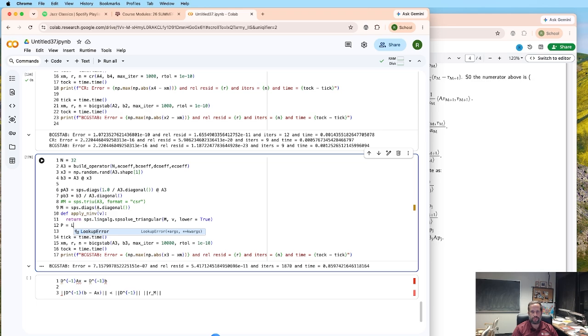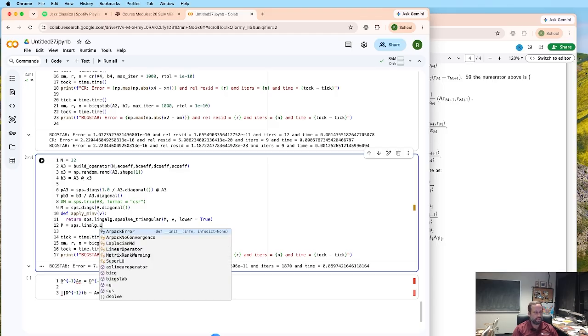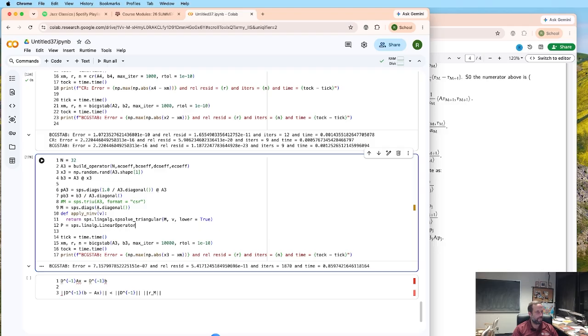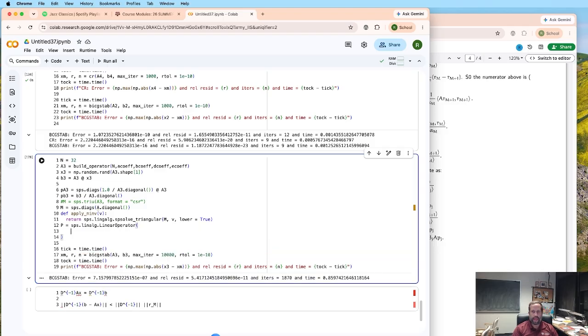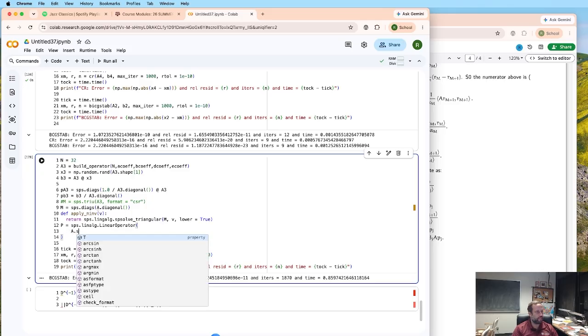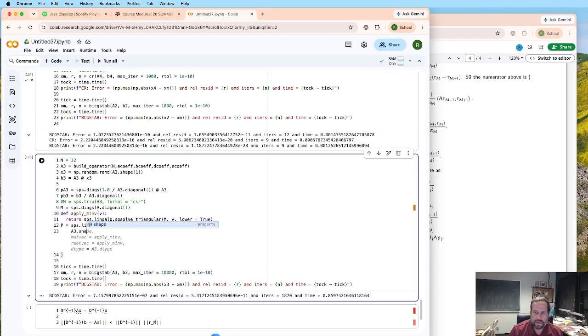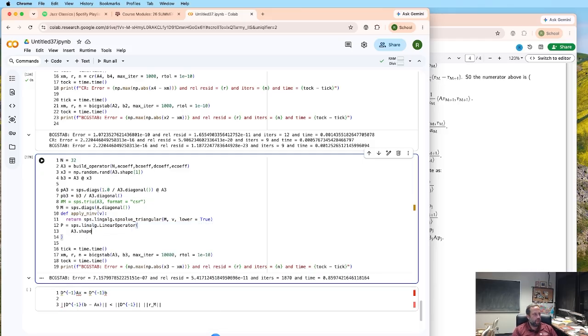The linear operator is under SPS sparse dot linalg dot LinearOperator. Okay, and the shape of this linear operator is going to be the shape of A. Hold on. Yes, okay.